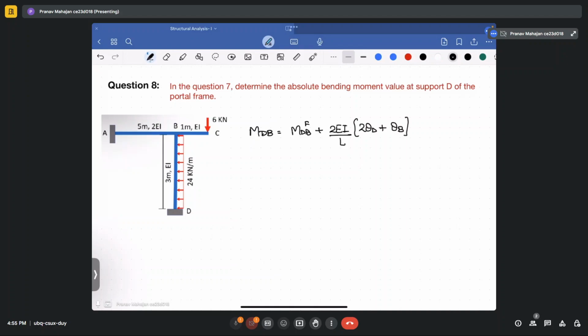In this case, your MDBF is WL square upon 12, and that value is equal to 18 plus 2 upon 3.